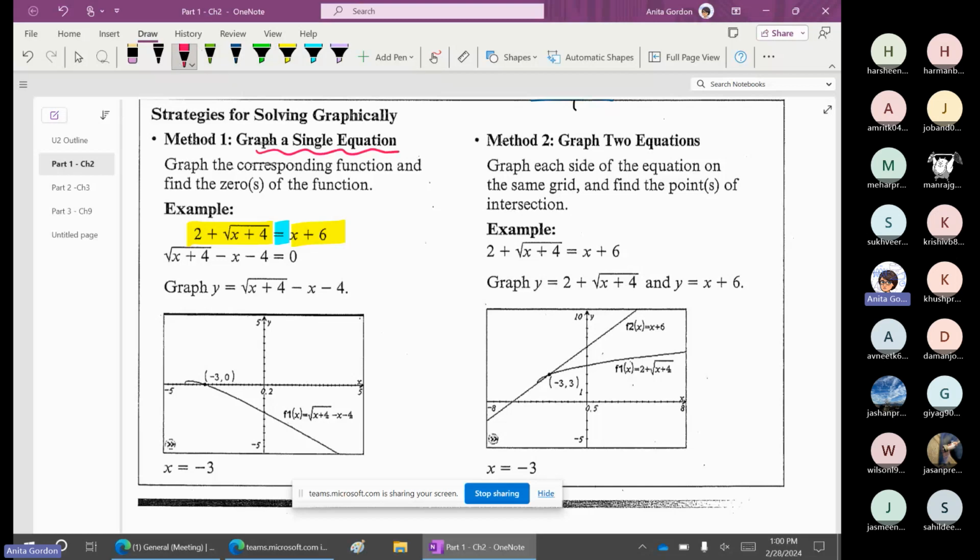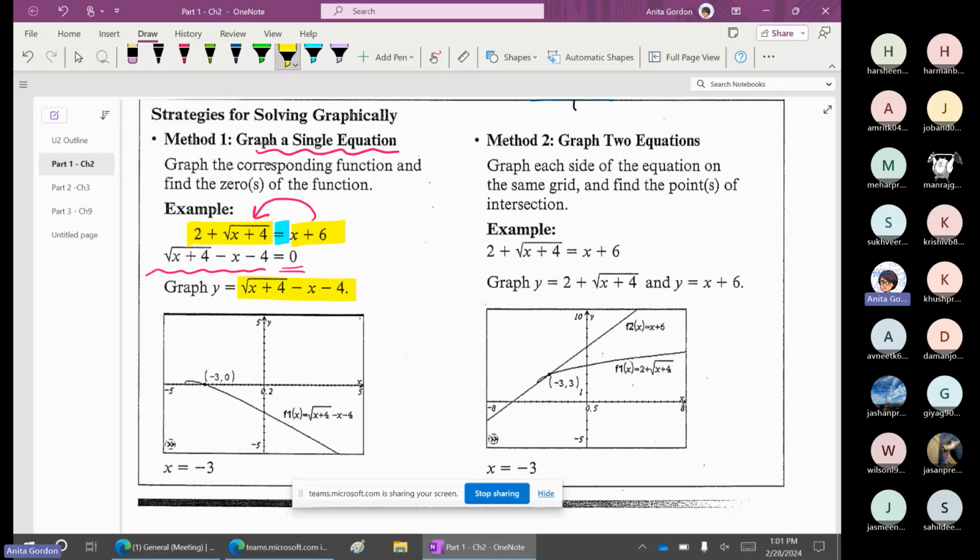All it's saying is move everything to one side and have 0 on one side and all the equation stuff on the other side. And then use a graphing tool such as Desmos to find the solution.